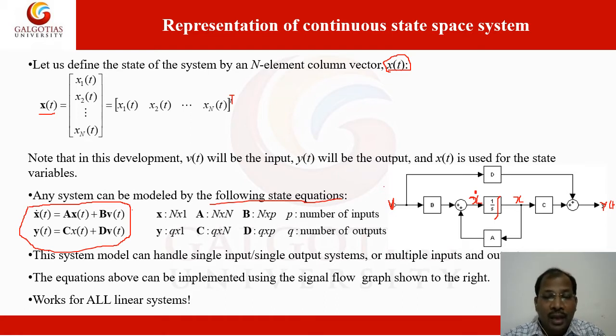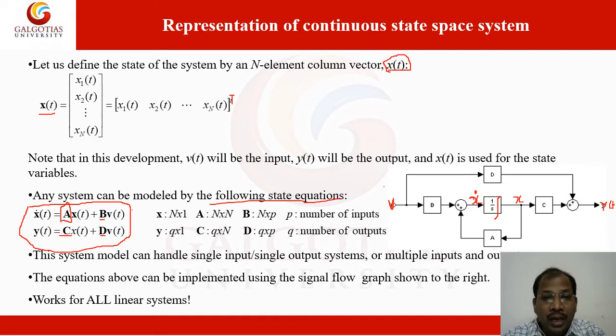Regarding the dimensions, A is called the system matrix, B is called the input matrix, C is called the output matrix, and D is called the disturbance matrix. What are the dimensions of the state variables x, v, y and these matrices A, B, C and D?